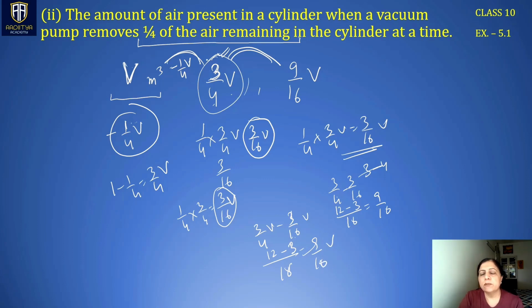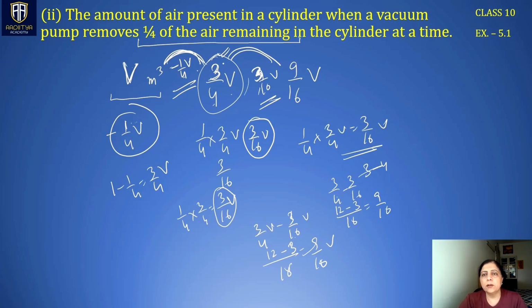That means the difference between the quantities here is 1/4 of V and here it is 3/16 of V. So you can see that the differences here are not the same, because whatever we are taking out from the cylinder is not a fixed quantity.